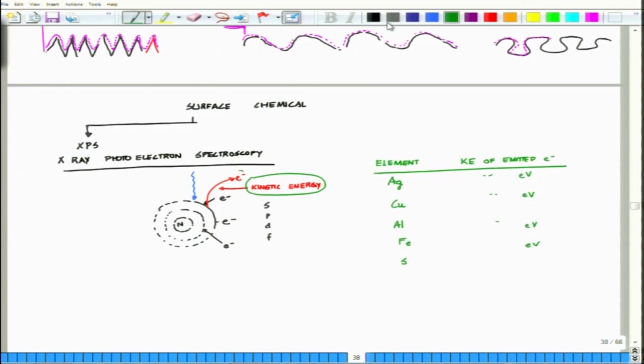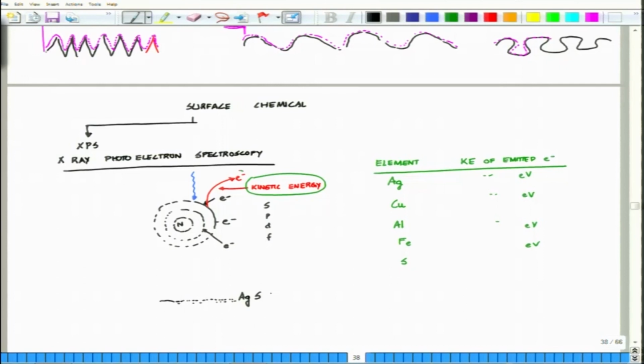Now say you give that much energy. I have a surface like this, with a nanoparticle lying there, and you claim that these nanoparticles have silver and sulfur.